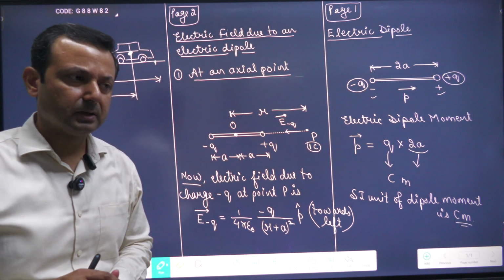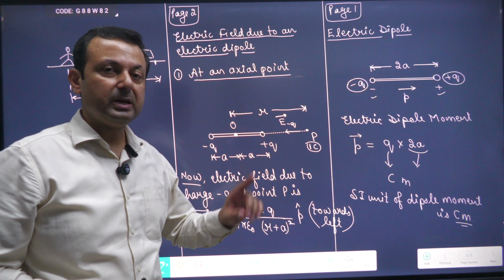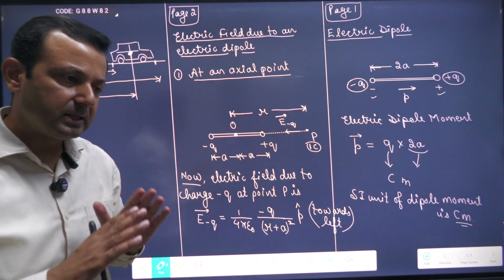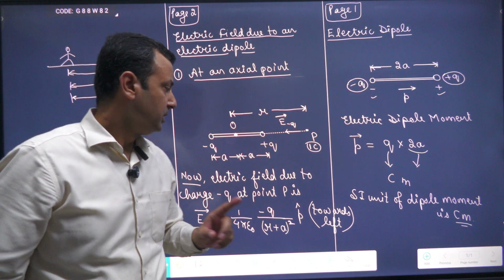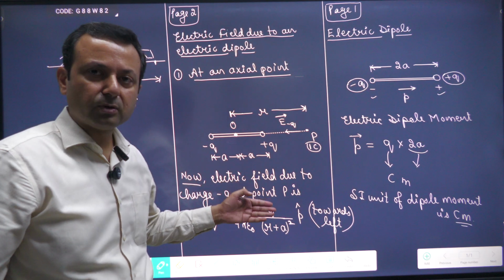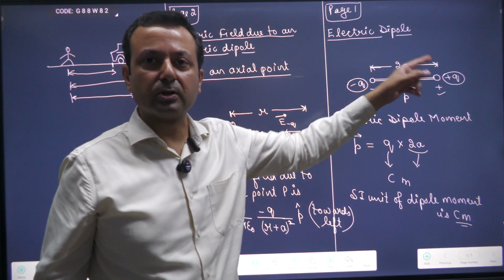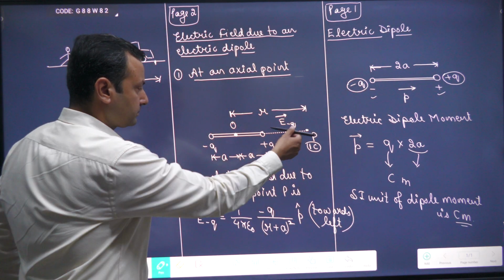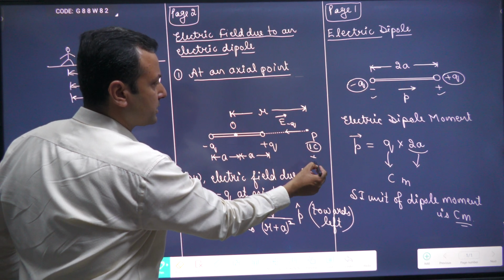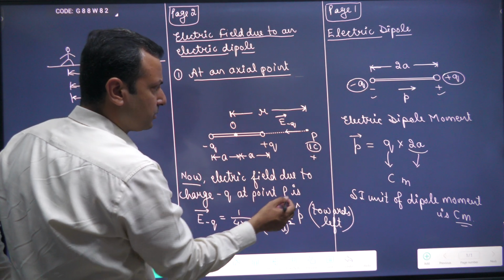Actually, P vector is the dipole moment, and P cap is the unit vector along the dipole moment. A unit vector gives only the direction and has magnitude 1. The direction of the dipole moment is always from negative to positive. And we always keep a unit positive test charge at point P, where the electric field is to be calculated.